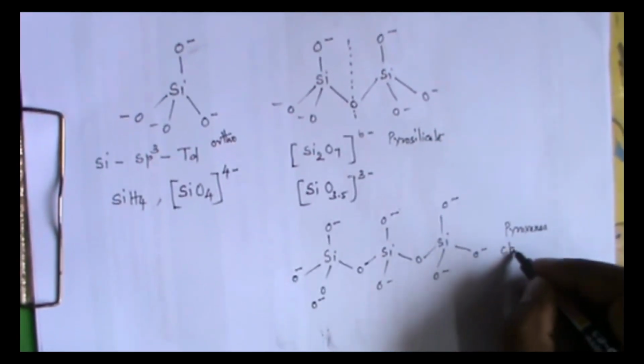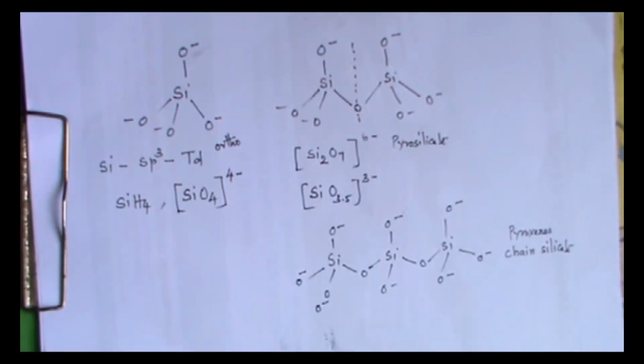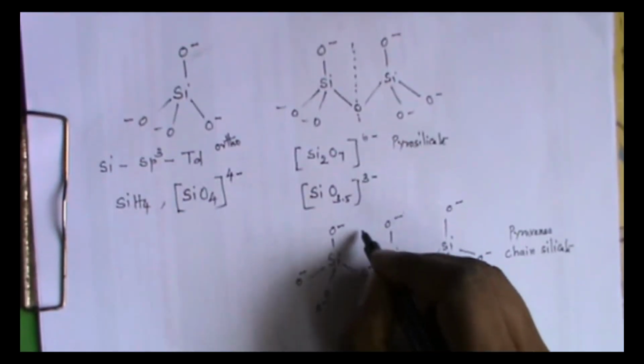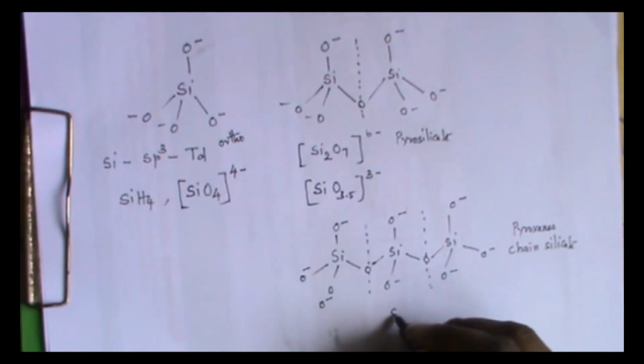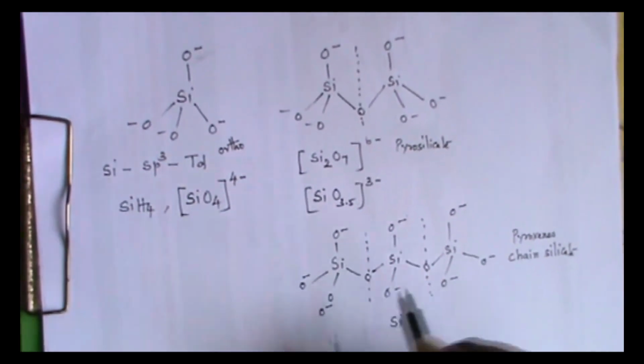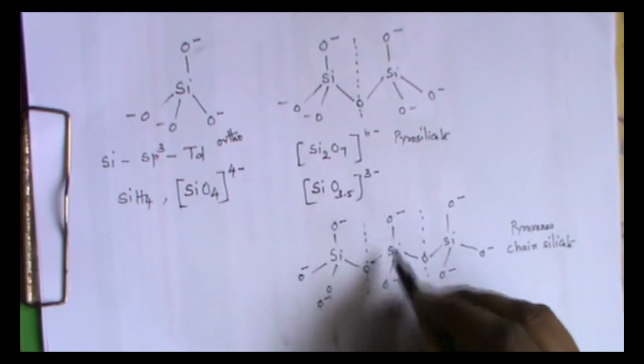Pyroxene is a chain silicate. In the previous 2 cases, I had only 2 silicon units, but here I have n number of silicon atoms. In that case, I can take this as the repeating monomeric unit. Here I have one silicon atom. There are 3 oxygen atoms. 1, 2.